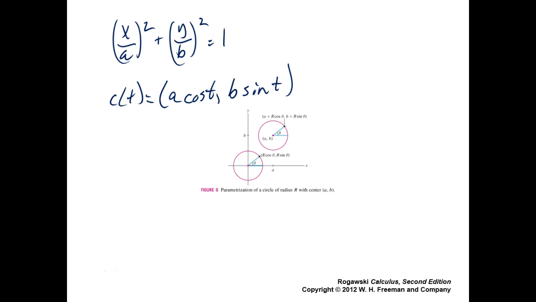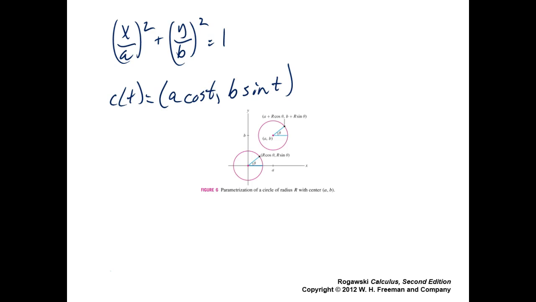R cosine t, R sine t. Both of those have the same coefficient. The trig functions are in the right order, and that gives you everything with a radius r. This now gives you something with one axis of length A and the other of length B. So either you're going A units this way and B units this way. If A and B are not the same, then you get an ellipse.